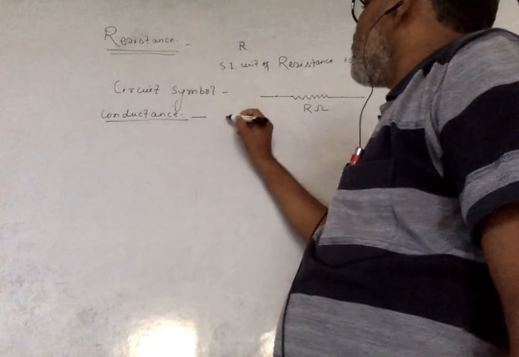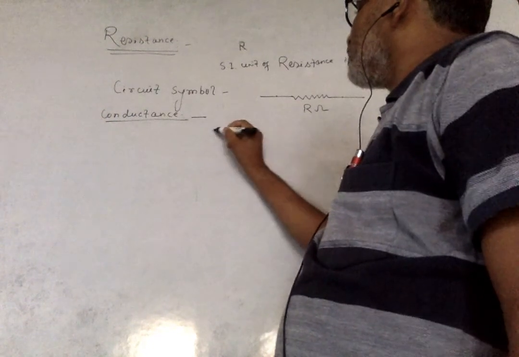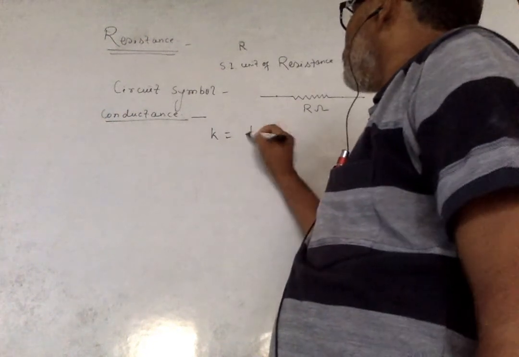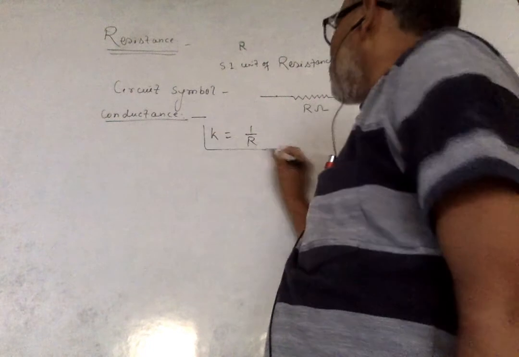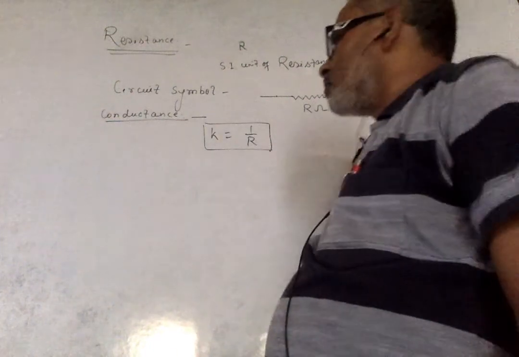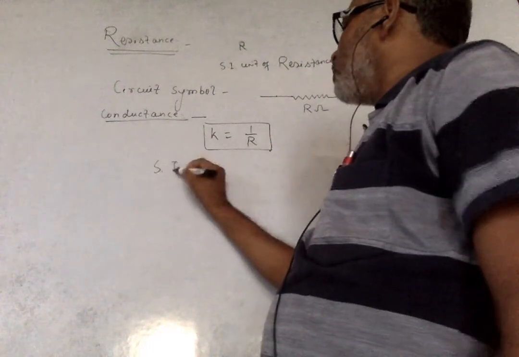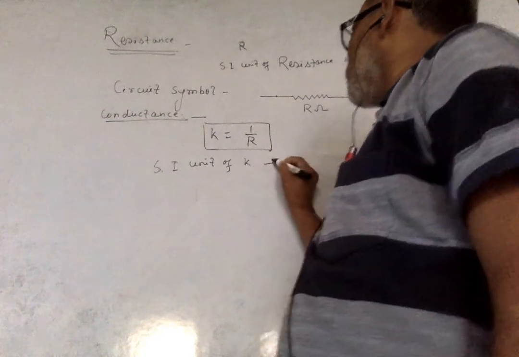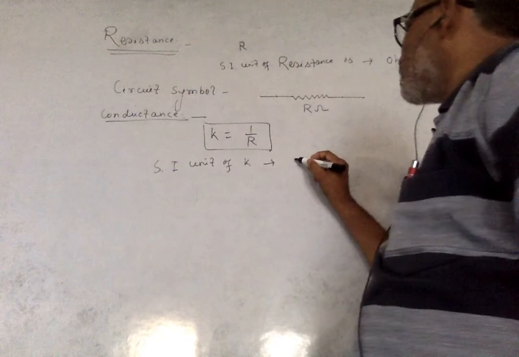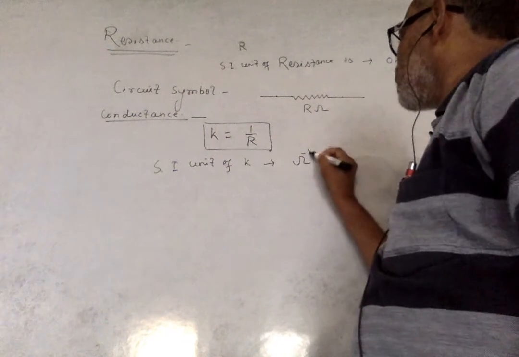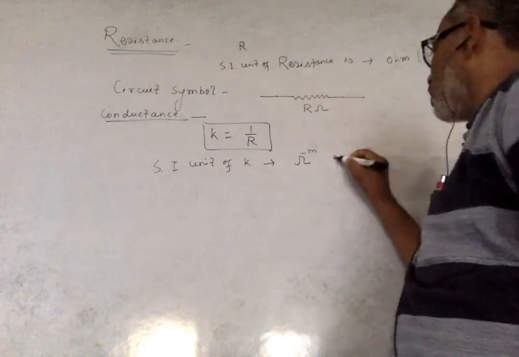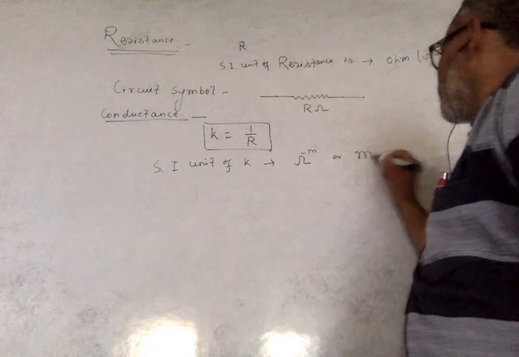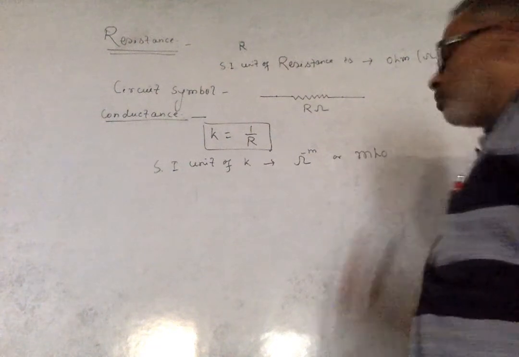It is generally denoted by K. K equals 1 by R. The SI unit of K is ohm inverse, or it is written as mho.